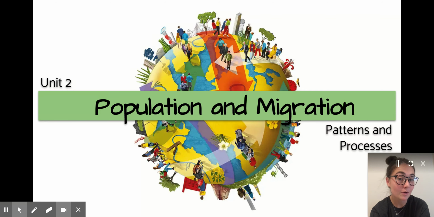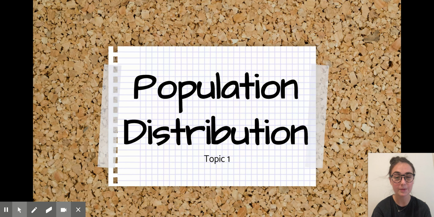I know some of you are going to think that's a lot, but you're going to have 3 different notes pages for topic 1. Our first topic is going to be on population distribution, and all of that is where people live. So it's how the population of a certain area or space is distributed over that space.